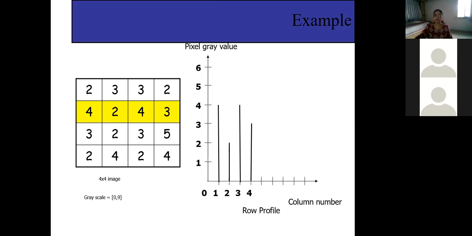Sharon, your answer is correct. I want answers from other students. How will the profile of a row look like for a chessboard pattern? For any row, how will it look like?